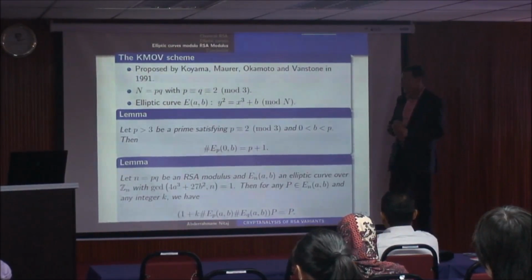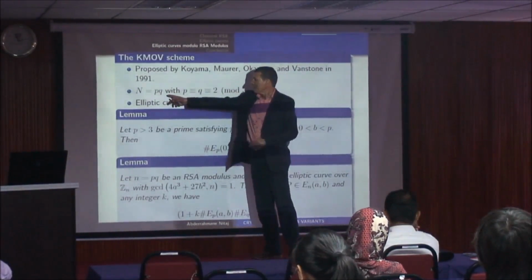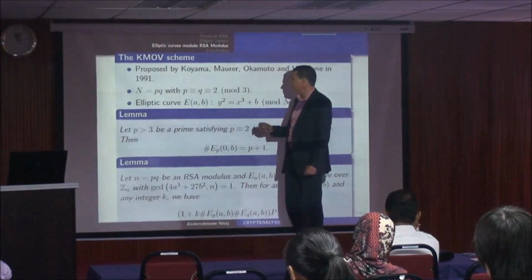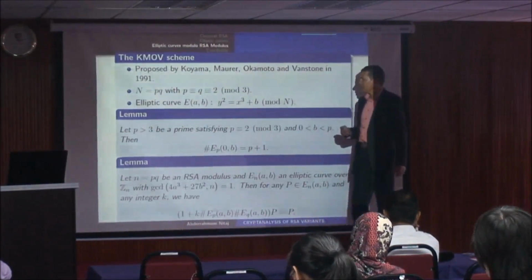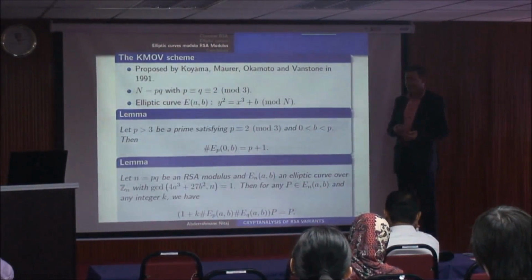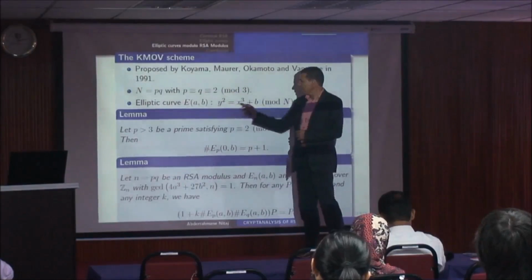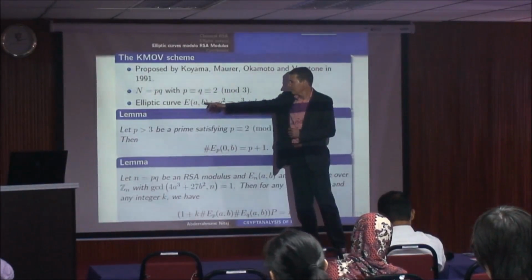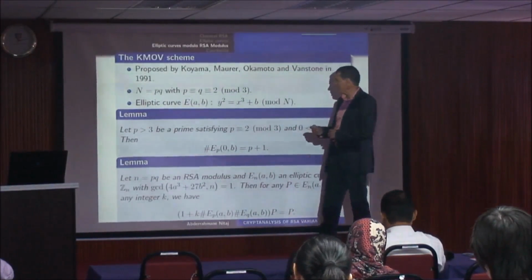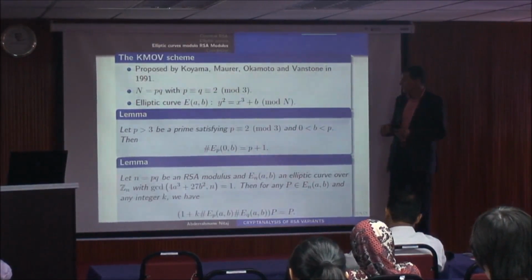It's based on an RSA modulus N equals P times Q, where P and Q are both congruent to 2 modulo 3, and the elliptic curve is this one. It depends on two parameters, A and B, and this elliptic curve can be used modulo N.